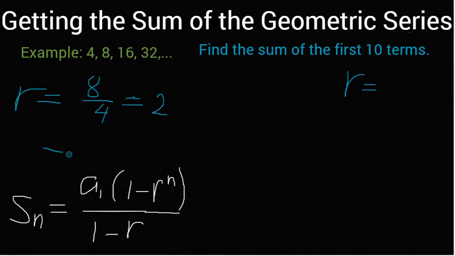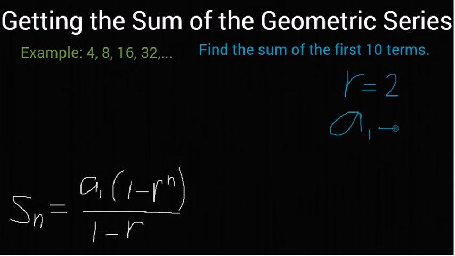And then 16 divided by 8 is also 2. Therefore, the common ratio is 2. Another given that we need is the first term, a1, which is 4. And our n is 10, since there are 10 terms.